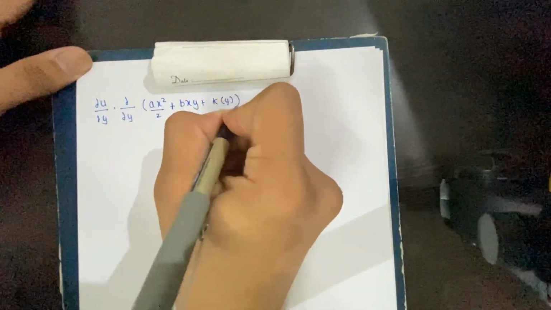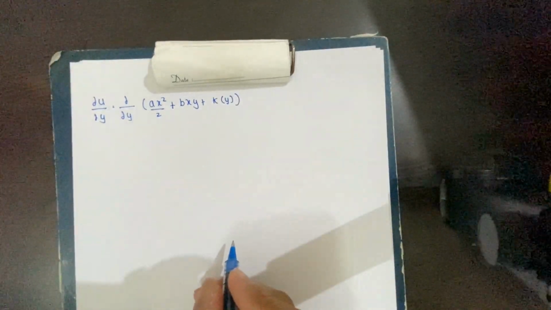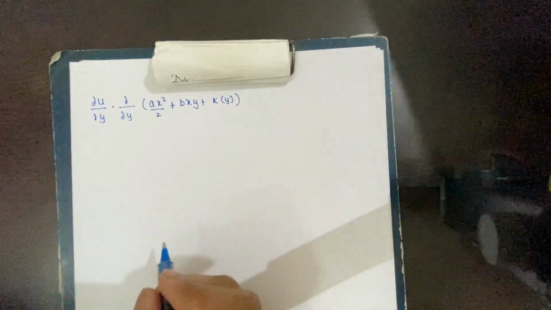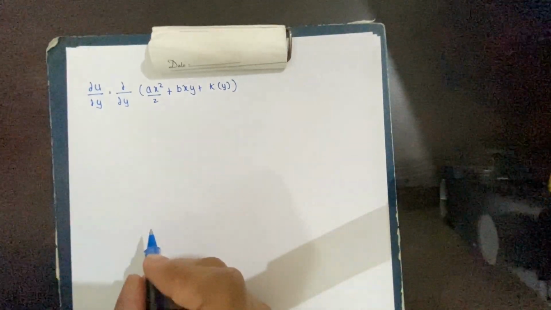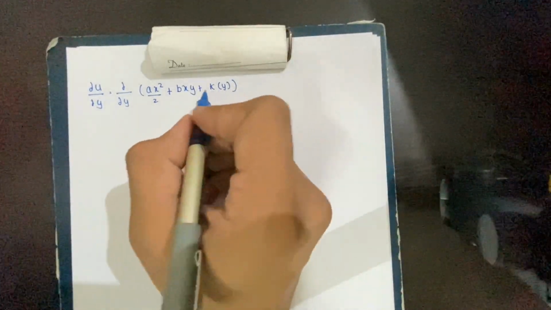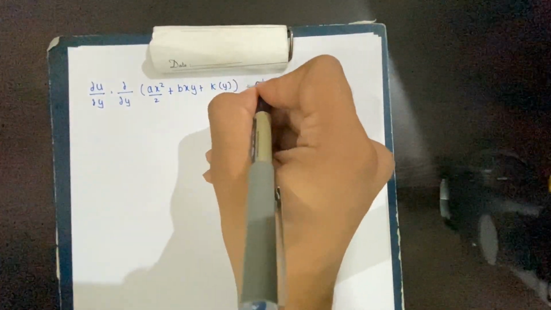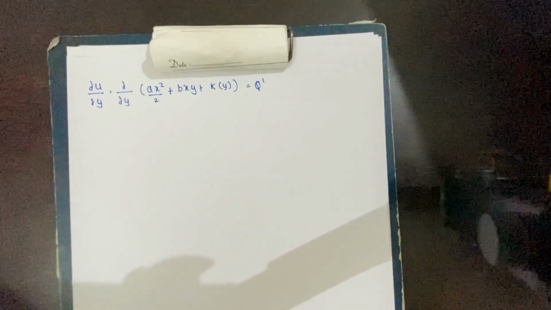Again, this k of y has no connection whatsoever with the k in the ODE given in the question. This k of y is a completely new function. So that is q dash by Clairaut's theorem, which I just stated.